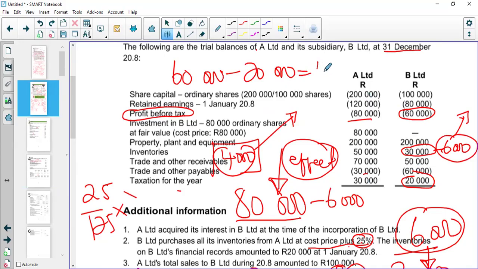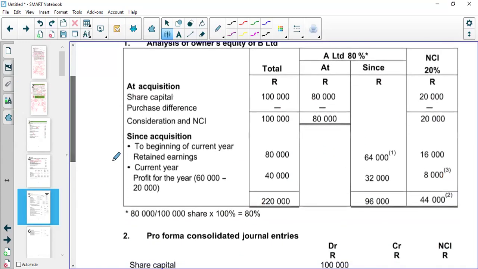Do you agree? And then this is 40,000. The profit of the subsidiary is 40,000. I just want to highlight that it's not going to be adjusted because the subsidiary was not the seller. We're just going to share that. One gets 80%, the other gets 20%, and we're done.